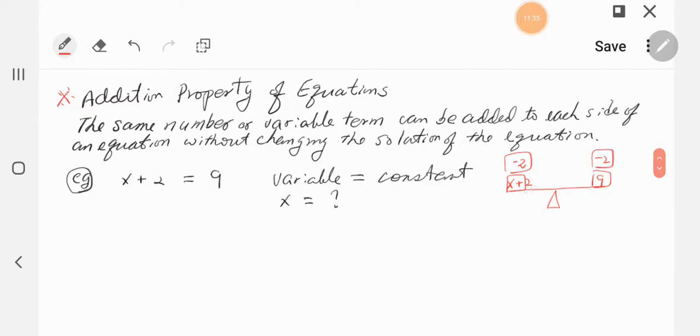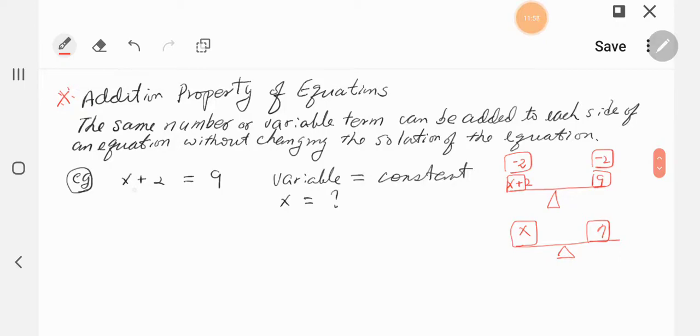Once you calculate the left-hand side, we only have x, right? Here's a balance. Once we simplify this, 2 minus 2 becomes 0, and 9 minus 2 is 7, right? So basically x equals 7.